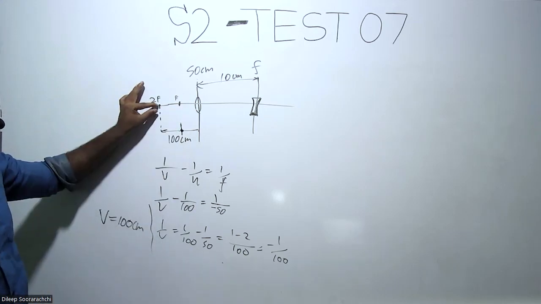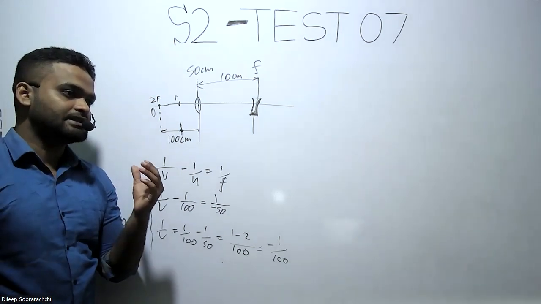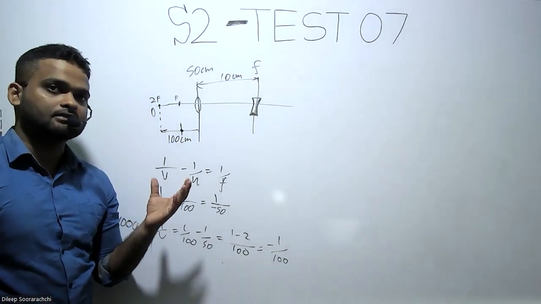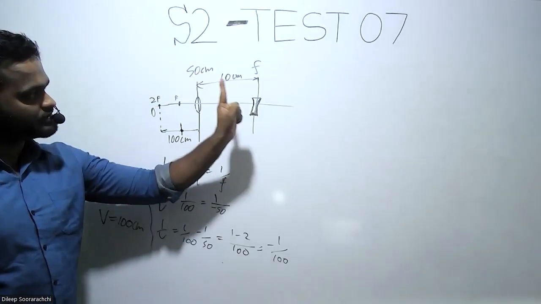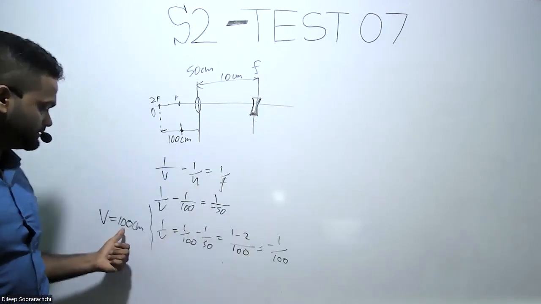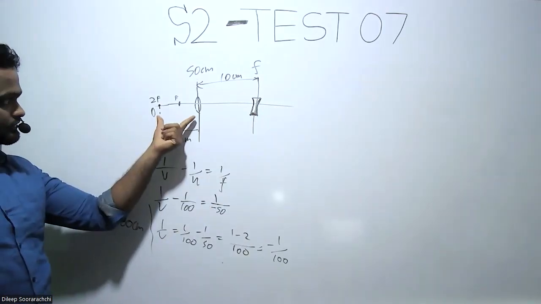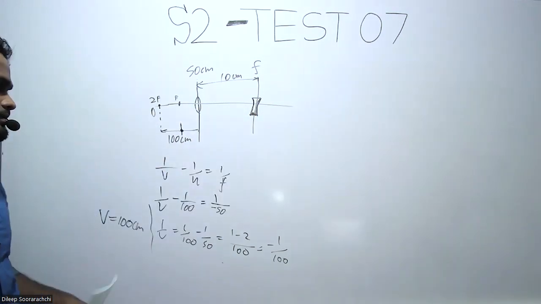So just identify this point as 2F. In theory notes we learn when the object is at 2F, the image also is formed at 2F, right? That is 2F means 100 centimeters. So this should be 100 centimeters, then this also should be 100 centimeters. Right.